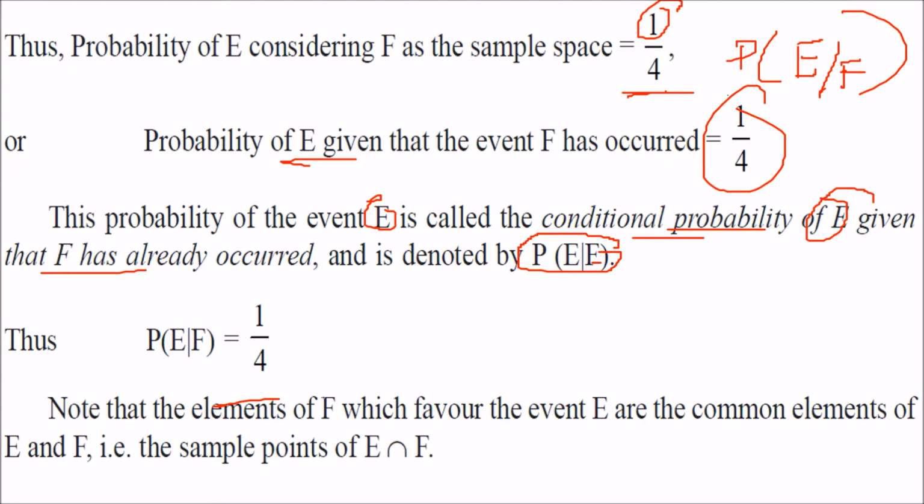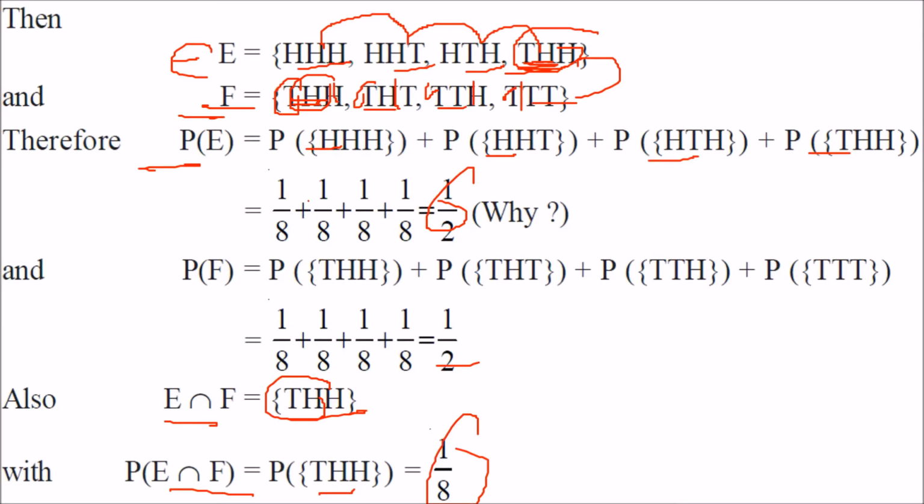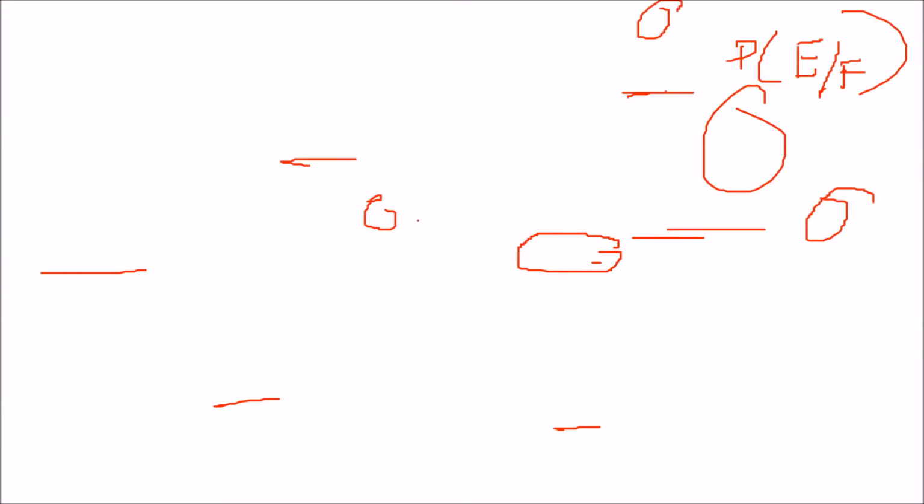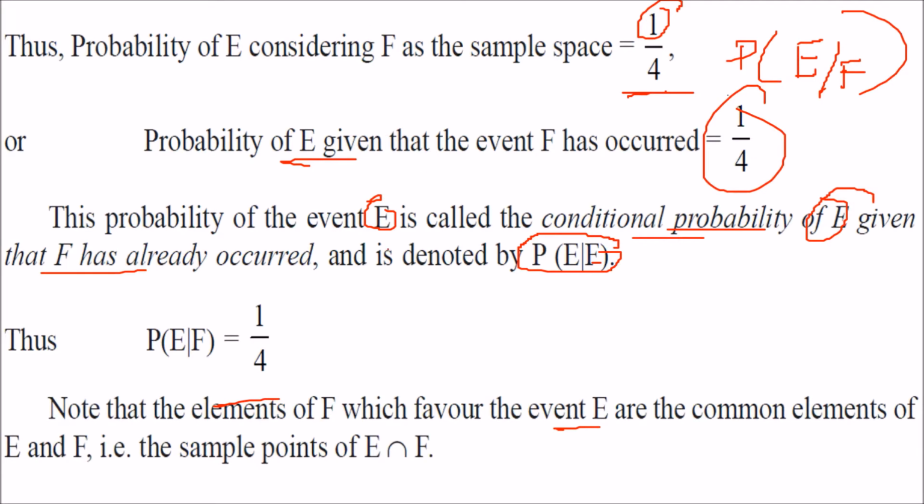Note that the elements of F which actually favor the event E are just the common elements of E and F, that is, E intersection F. Only THH is common: the first is tail, and then two heads happen. So it totally depends on E intersection F.